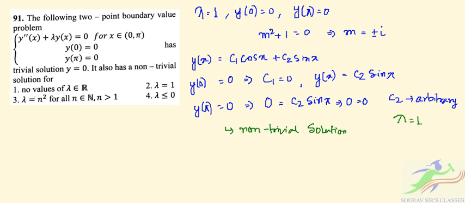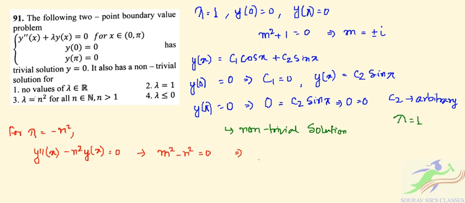Now if we put lambda equal to minus n square, then y double prime x minus n square y(x) is equal to 0. The auxiliary equation is m square minus n square equal to 0, so m is plus minus n.